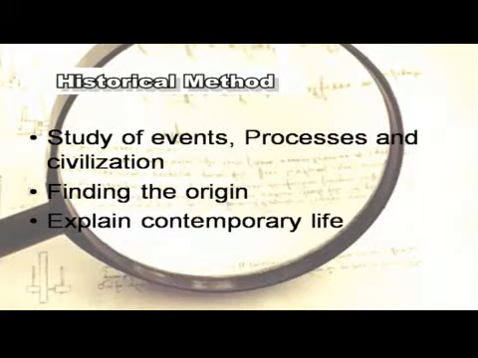Actually, it aims to apply the causes, the consequences and the events that had happened in earlier society to the contemporary society, so that the present society could be understood in a better fashion. This is the aim of historical sociology.